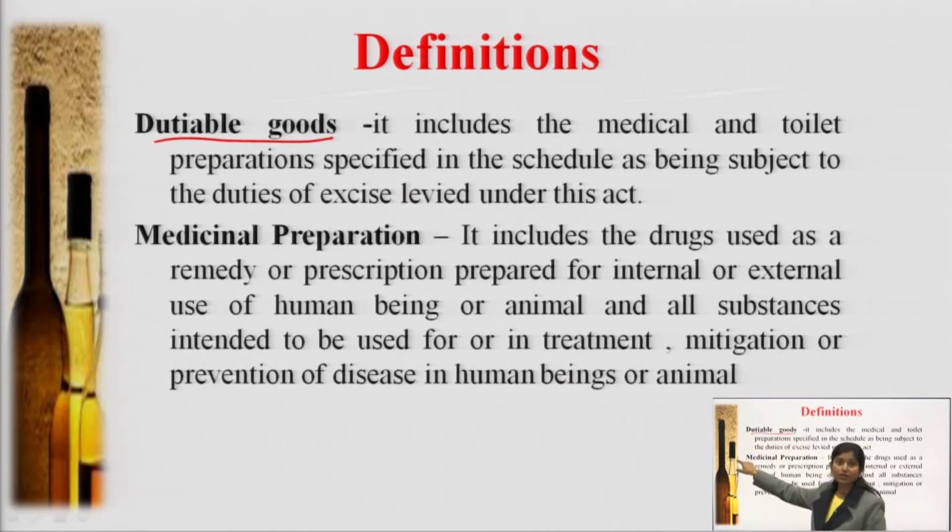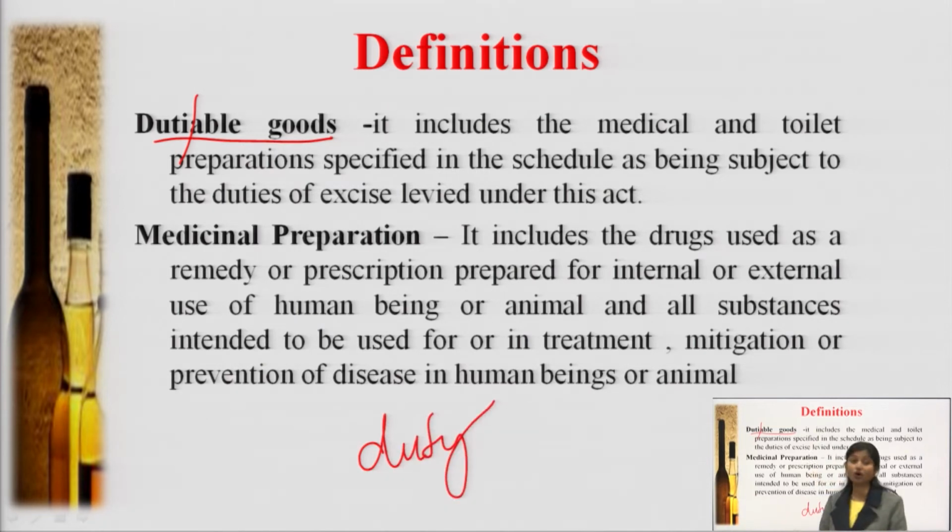As you can see the word dutiable, if we break the word into two, that is duty and able. Duty you have already seen. What is duty? That is the levy or the excise we collect over it. So, dutiable goods are the goods on which we have to collect the duties, or you can say the tax, or you can say the levy. So, let us see the point in detail.